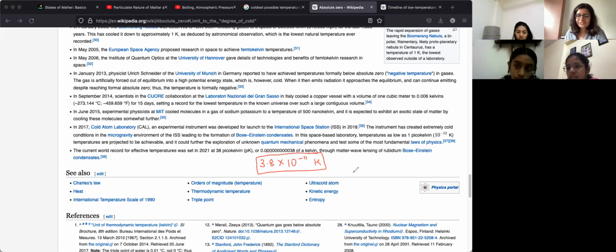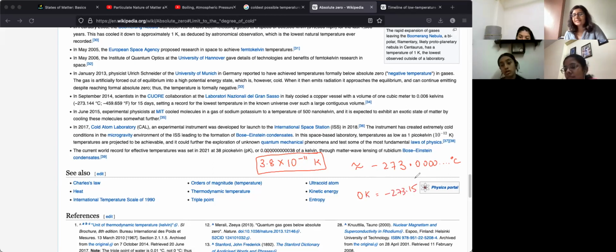Yes, so this would be almost equal to minus 273.0000 something degrees Celsius. 0 Kelvin is minus 273.15, so slightly more than that, something like 273.10000 and so on.